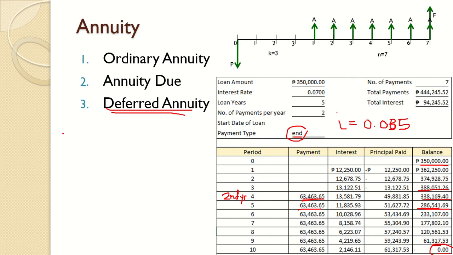So that's how the calculation goes. Later, when you apply for a loan, check the type of annuity and check the interest, because they will only tell you the rate of interest, I. But if you convert it to a nominal rate, and most especially an effective rate, it is bigger.